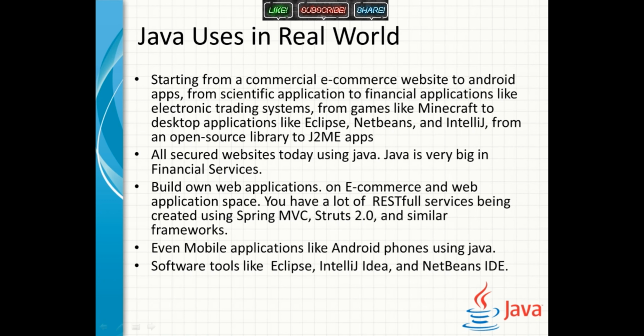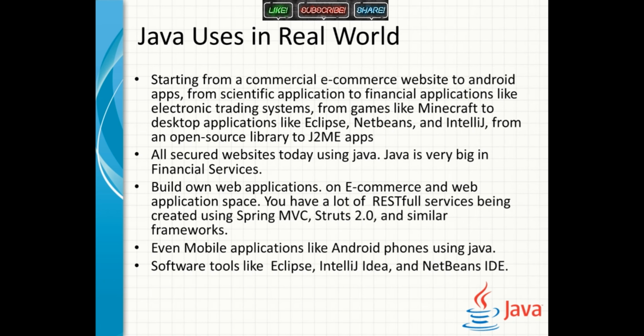It's big for financial services, and mobile applications like Android phones use Java. It is also used by software tools to develop and program. It is used for governments, healthcare, insurance, defense departments, and educational departments. Everywhere you can see their web applications built in Java. So this is all about uses, and it is very important to know how it is used in the real world.